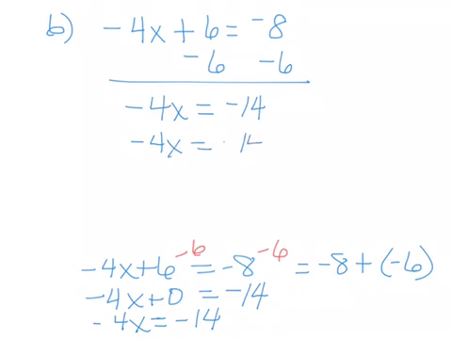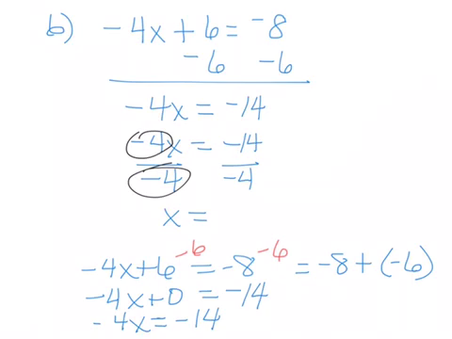So I need to divide both sides of my equation by negative 4. Well, on the left, the negative 4's divide out, and I'm left with x equals, negative divided by negative is a positive, so that's 14/4, which simplifies to 7/2.